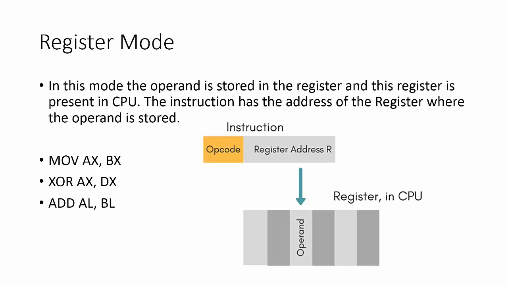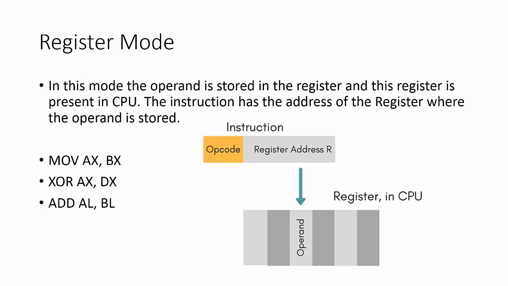As we can see in the examples, the first example is MOV AX, BX. It means that whatever contents are in BX will be moved to the AX. What are AX and BX? AX and BX are general purpose registers as we discussed in the previous classes.